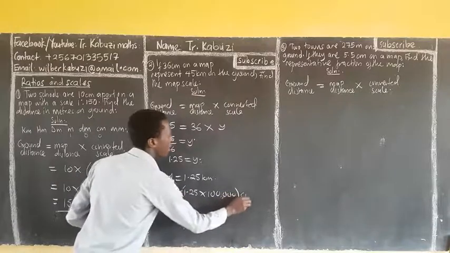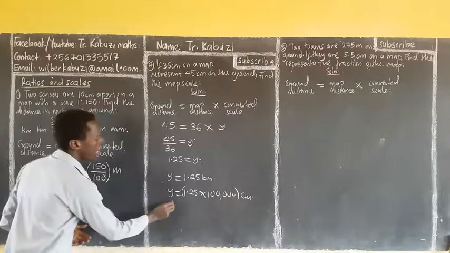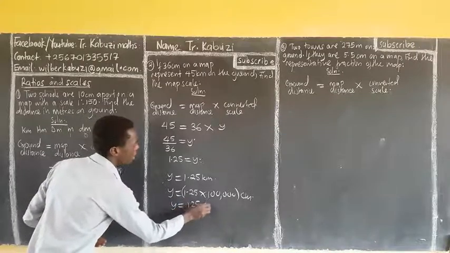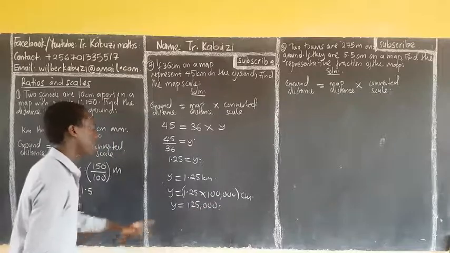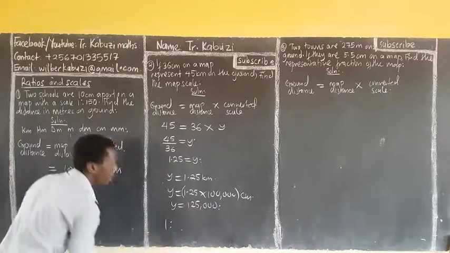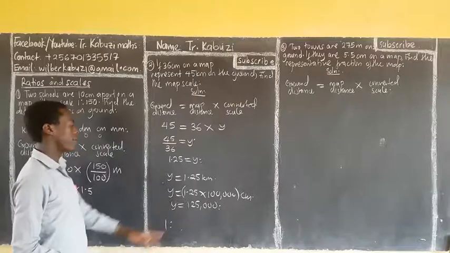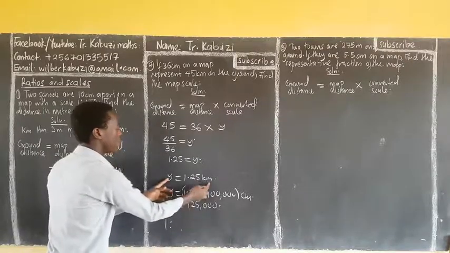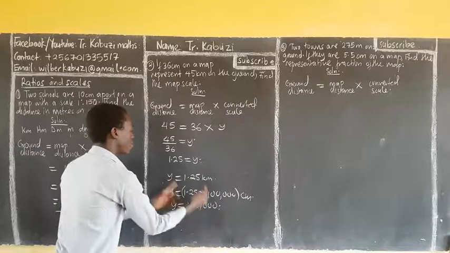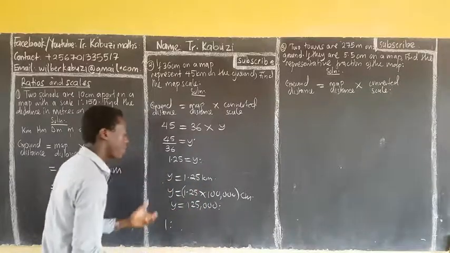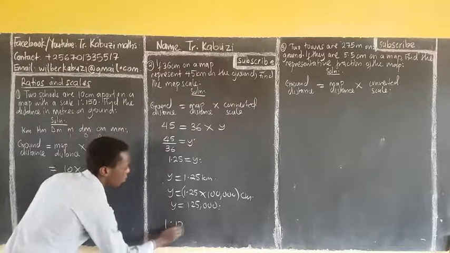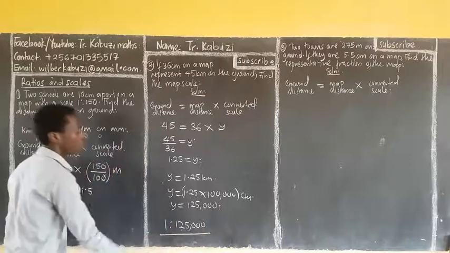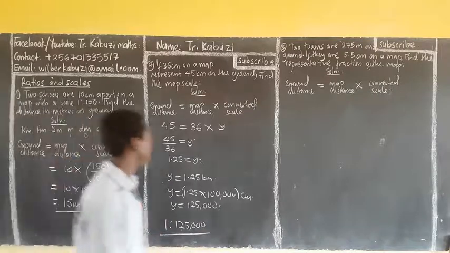Now these are in centimeters, so this will be 125 over 1,000. So my scale is that 1 centimeter on the map will represent 125 over 1,000 centimeters on the ground.